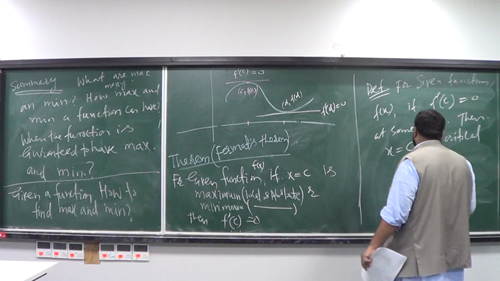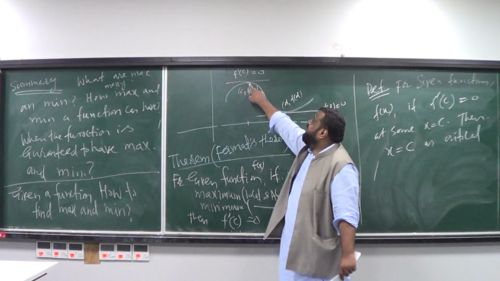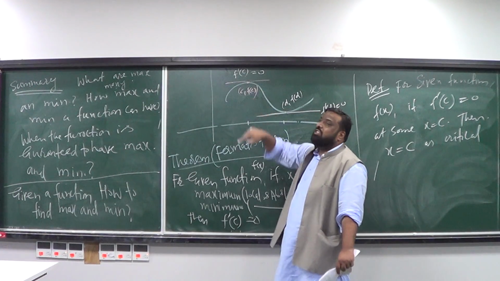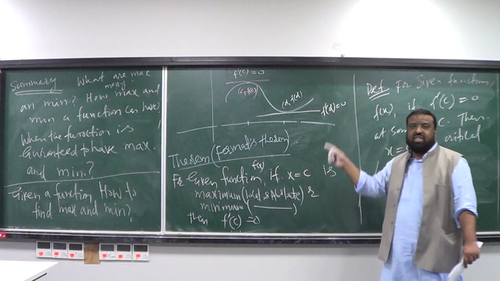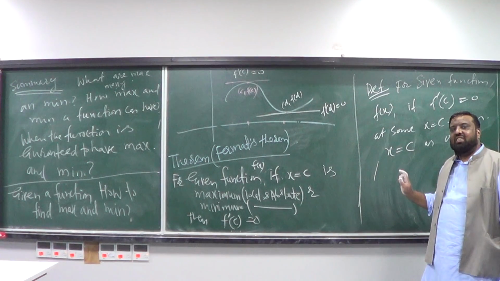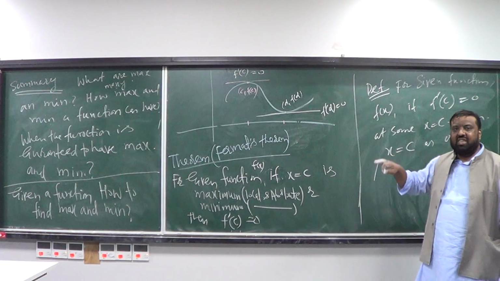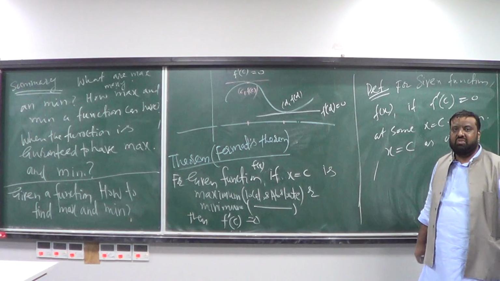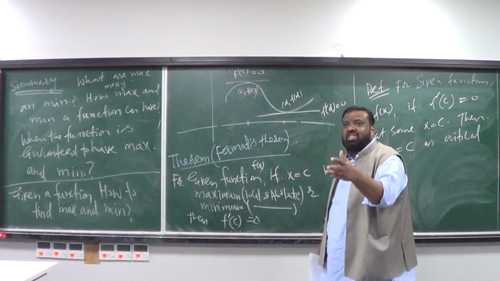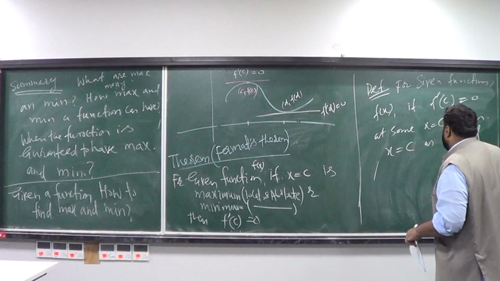There are different names for it. Why is it critical? Because before that point and after that point, the function changes its behavior. Before that it was decreasing, and after that it is increasing, or before increasing and after decreasing. So critical means something is changing its behavior, turning into something different. So it's called a critical point.